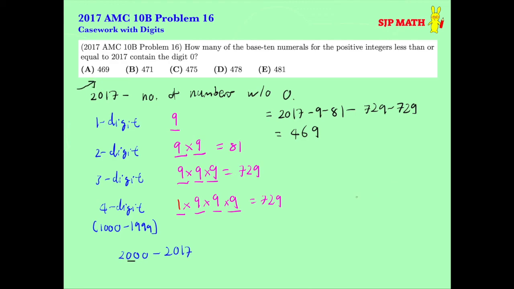The main thing to take away from this video is that you can see multiple ways to approach a counting problem. For example, we looked for the complementary value and then subtracted it from the total value, because the complementary value was easier to calculate.